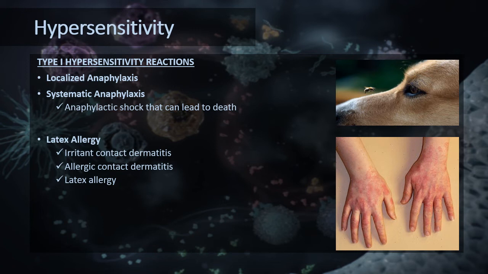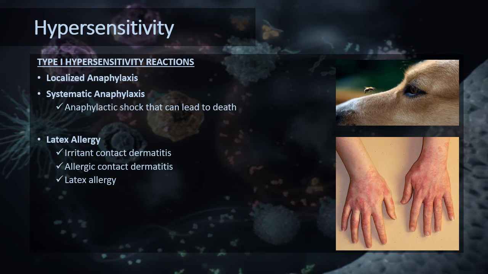Latex allergy is frequent in healthcare workers who always wear latex personal protective equipment or PPE, like gloves. Latex can trigger three types of reactions. First we have irritant contact dermatitis. This is the most common type, and this causes dry, itchy areas on the skin.